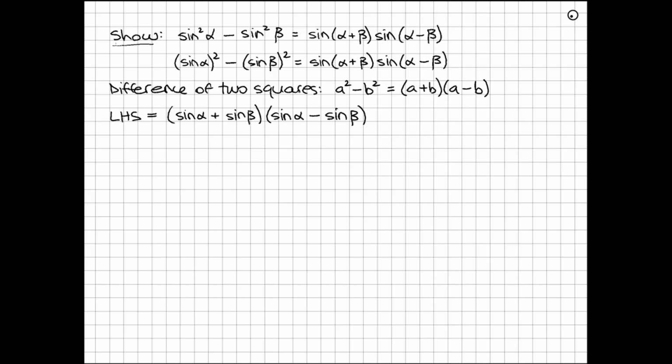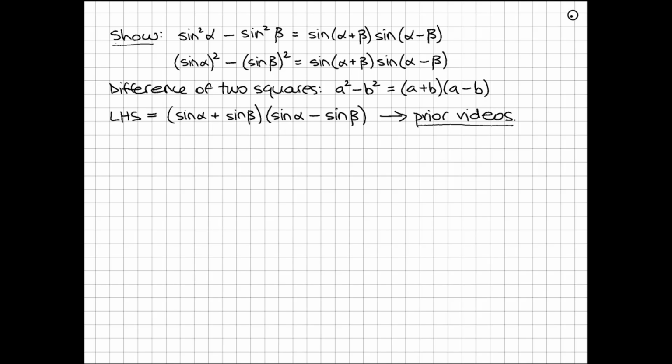From here, we can make use of some work I've done in some prior videos, which worked through some results in relation to sine alpha plus sine beta and sine alpha minus sine beta. I'll put some links up to those videos so that you can go watch them if you haven't already.